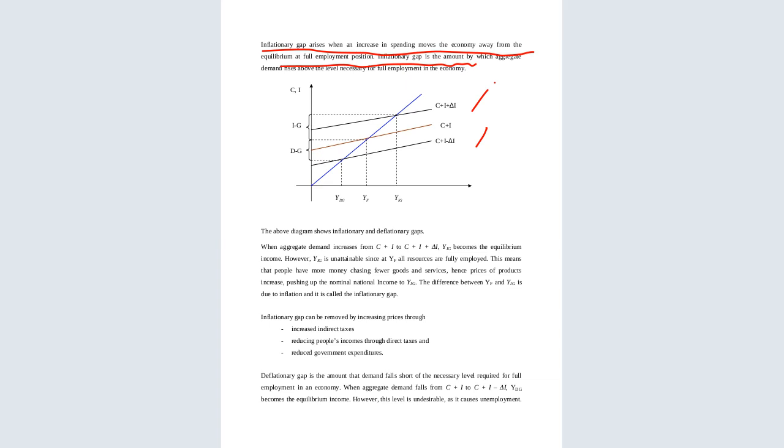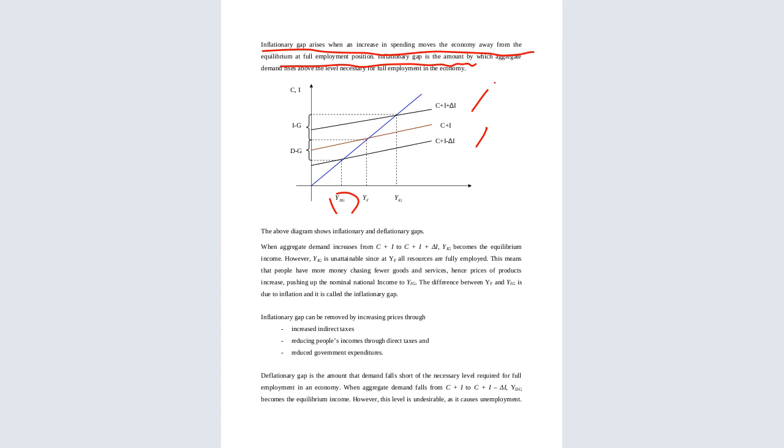So the expenditure functions you have seen shift whenever we have a change in investment. Now, when the aggregate demand increases from C plus I to C plus I plus the change in I, we have YDG, this one here, which becomes the equilibrium income.